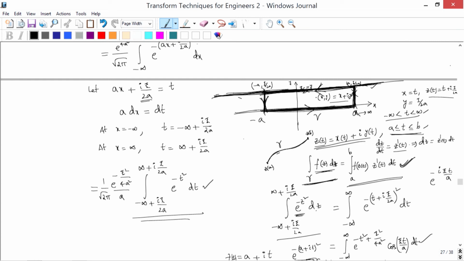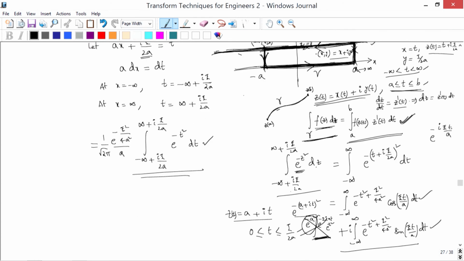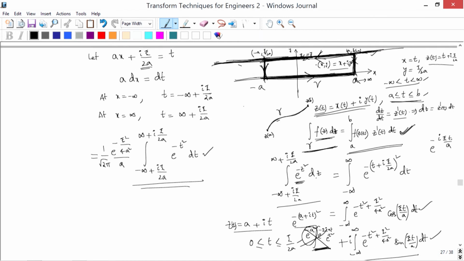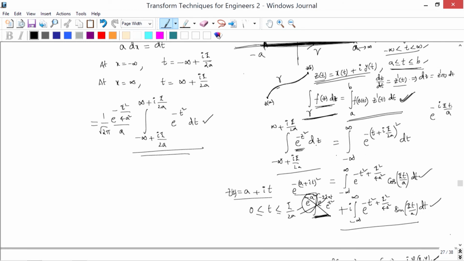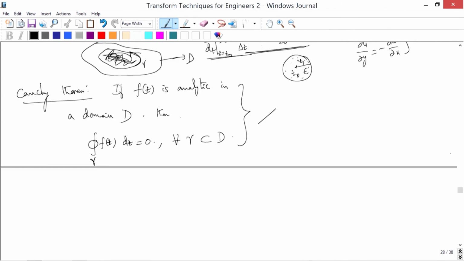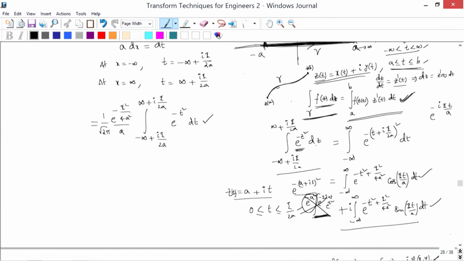So, you have from minus infinity to infinity. You simply replace z with e power minus t square. If I apply this, we will try to redo this thing. I will try to apply this Cauchy theorem and try to get this integral in the next video.